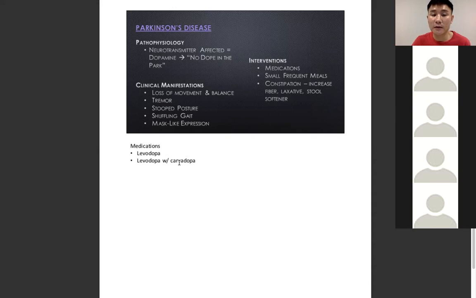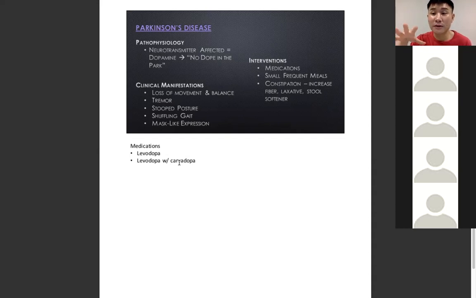Intervention is we give them medication, which is levodopa, small and frequent meals, and for constipation, increased fiber, laxatives, and stool softener. Another assessment finding that a patient with Parkinson disease has is bradykinesia, which is slow movement.